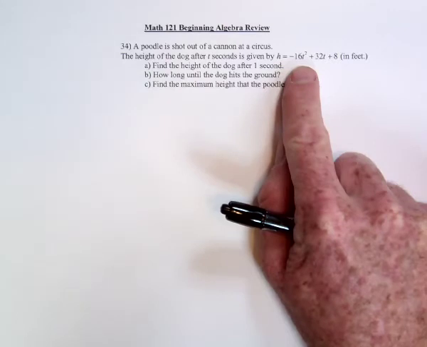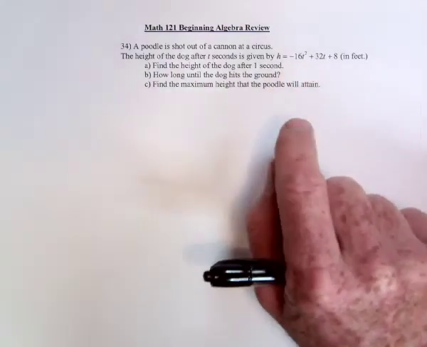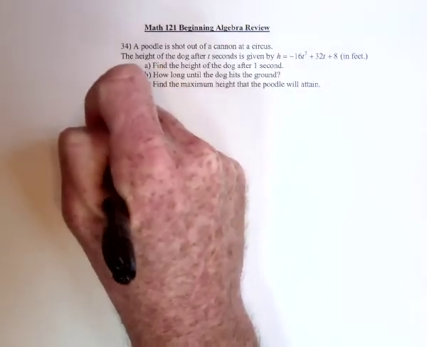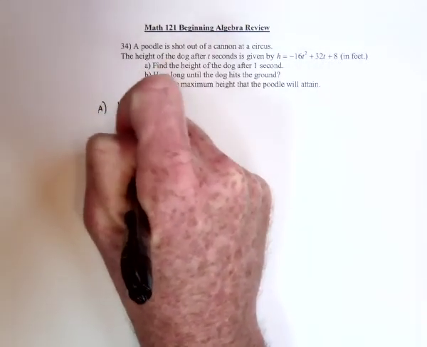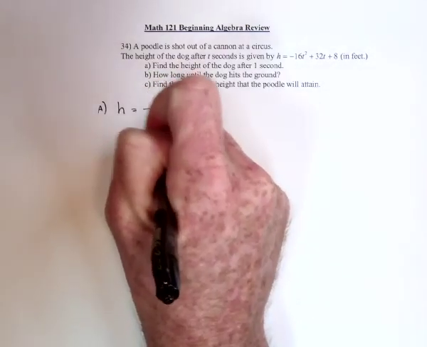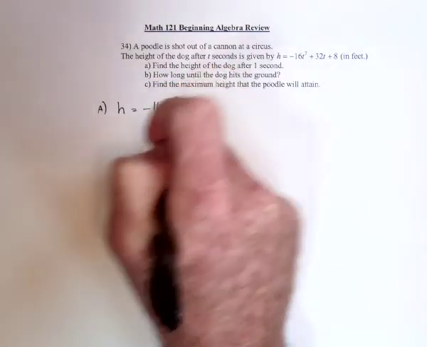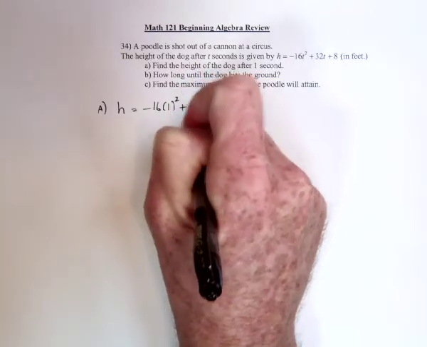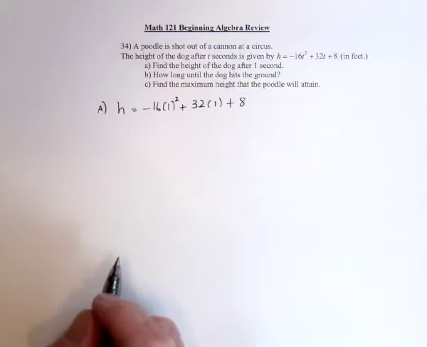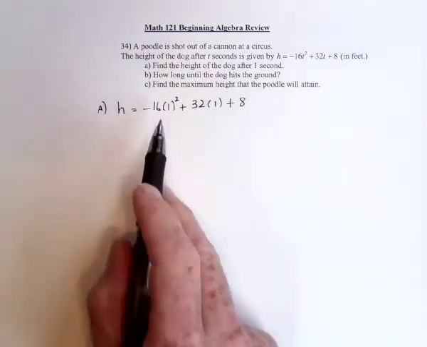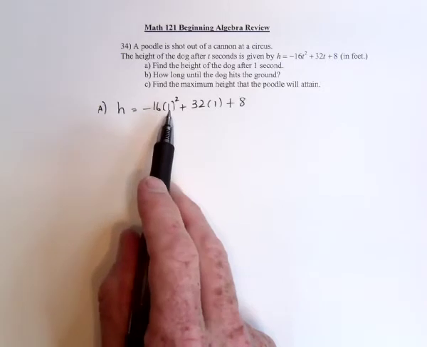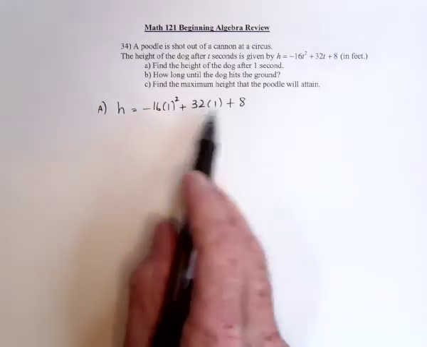So, the first thing to do, part A, find the height of the dog after 1 second. That simply means substitute a 1 in for the t. So we've got negative 16 times 1 squared plus 32 times 1 plus 8. So that's going to be negative 16 times 1, a 32 and an 8.